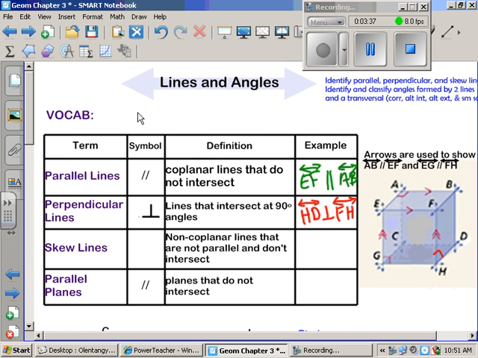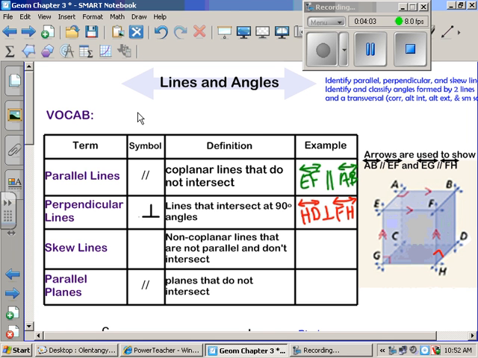These two? No, they'll never intersect. But are they parallel? No, they're not on the same plane. And if we put them on the same plane, would they be parallel? No, they cross. So they're not parallel, they're not on the same plane, but they don't intersect.